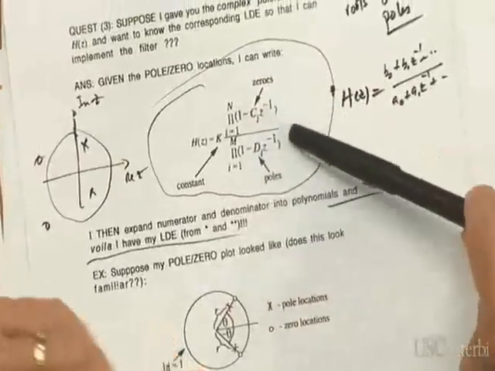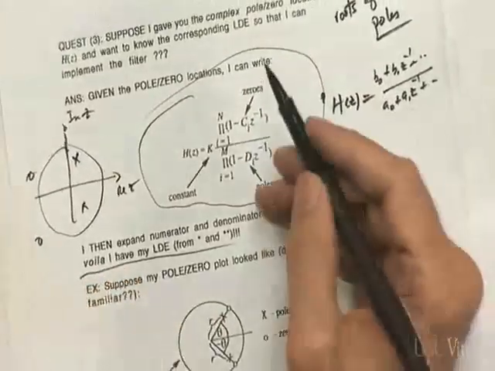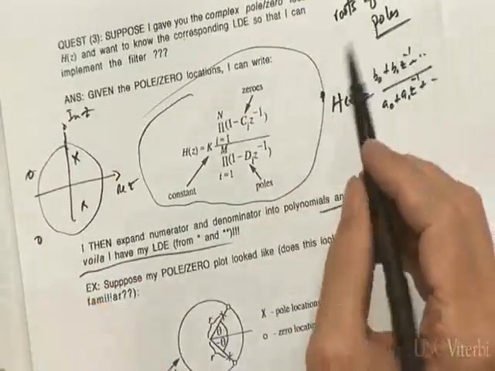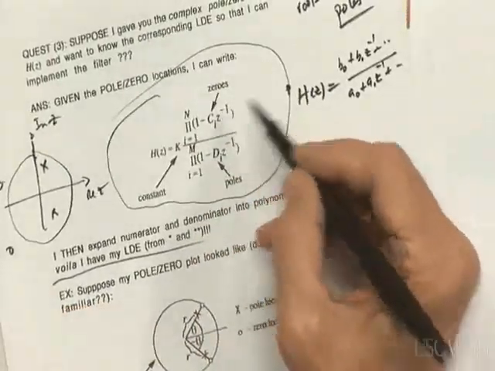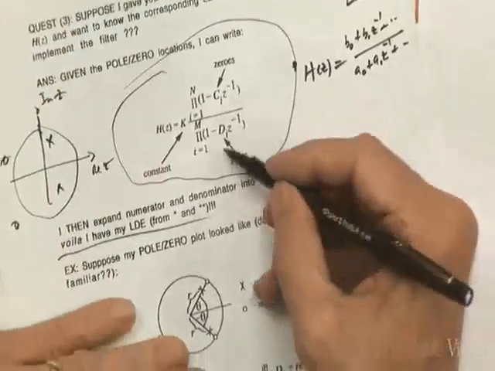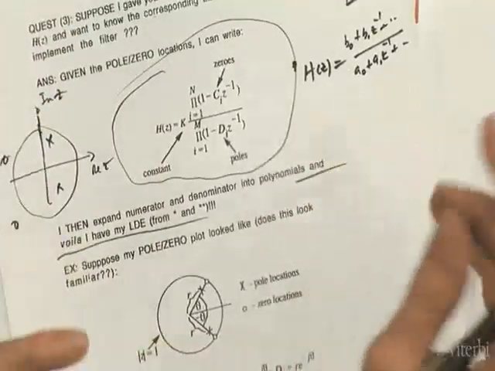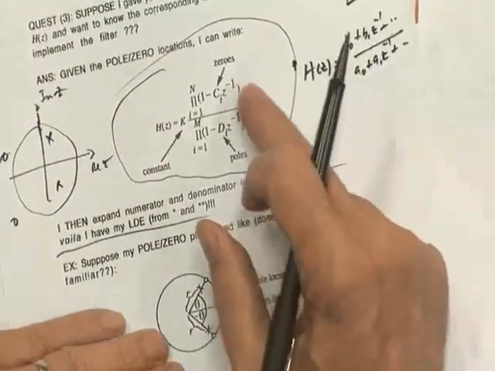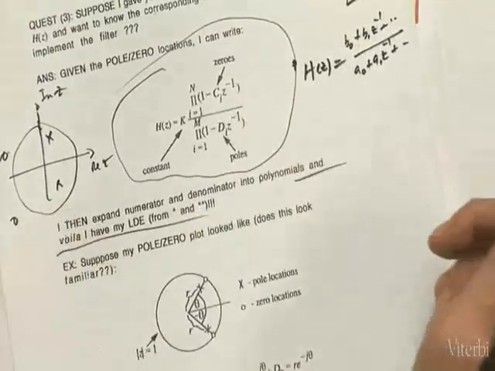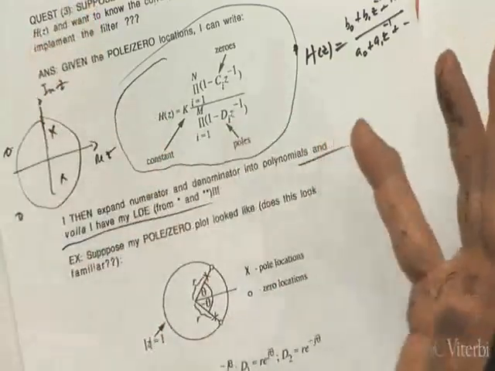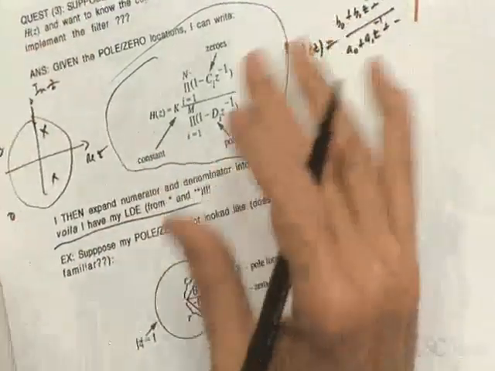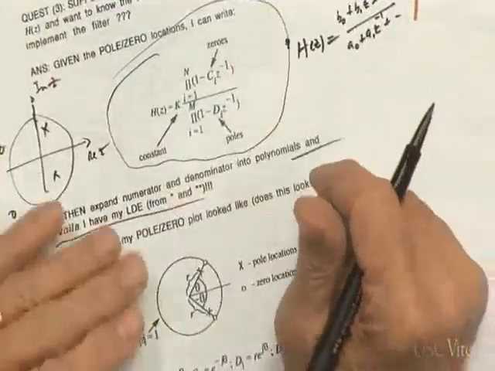Then you can write the numerator and denominator in factored form. Given the pole zero locations, the C sub i represent the zero locations, the D sub i represent the complex pole locations. So I'm writing numerator and denominator in this factored form. And I assume, to make life simple, these are simple poles and zeros, not multiple roots or anything like that.